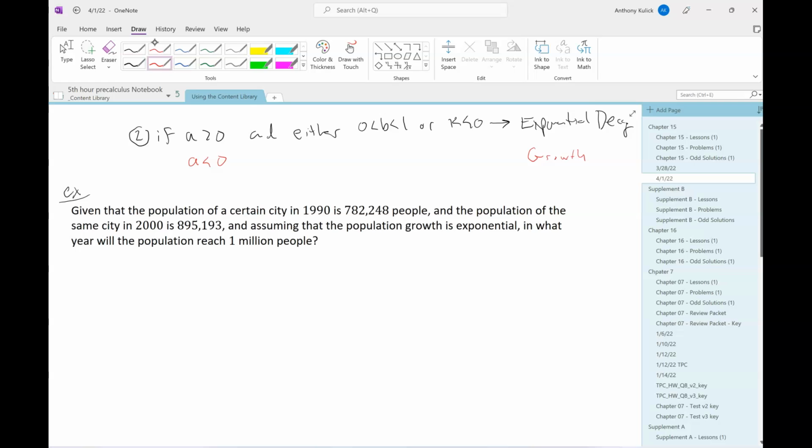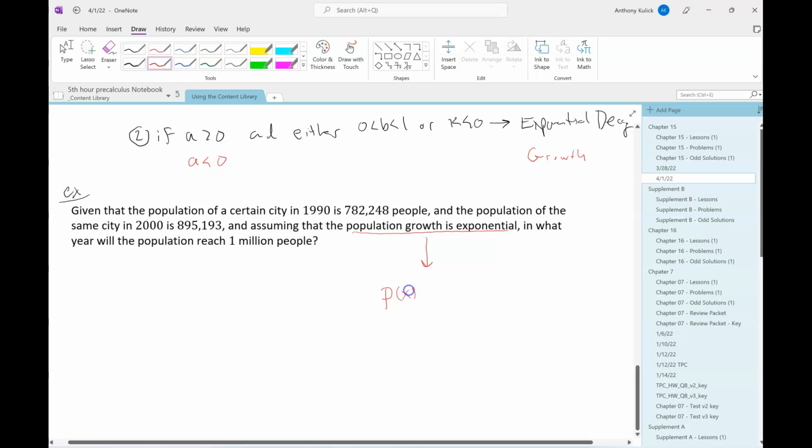And assuming the population growth is exponential, in what year will the population reach 1 million people? So the way I'm reading this is it sounds like every year they do a census and count the number of people or whatever. Everybody's okay with that? So we're told that the population is exponential.